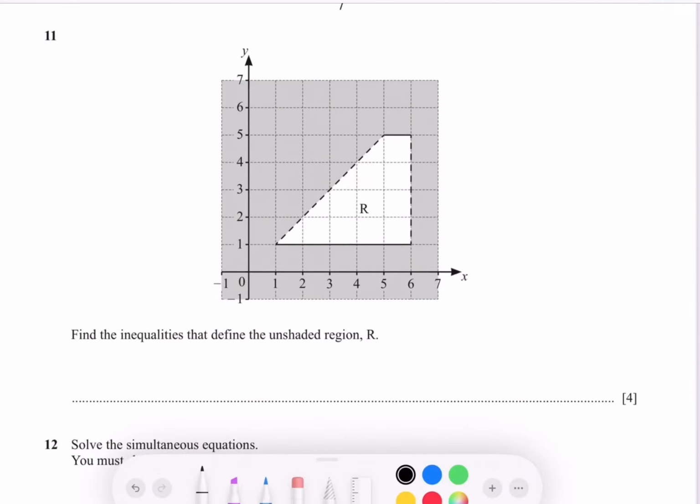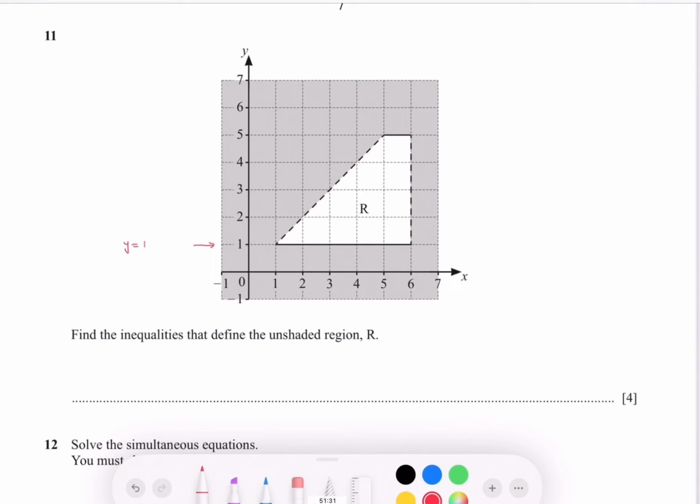Question number 11. Find the inequalities that define the unshaded region R. So you can start from y is equal to 1 line. It is a solid line. So the required region is above this line where the value of y is greater.